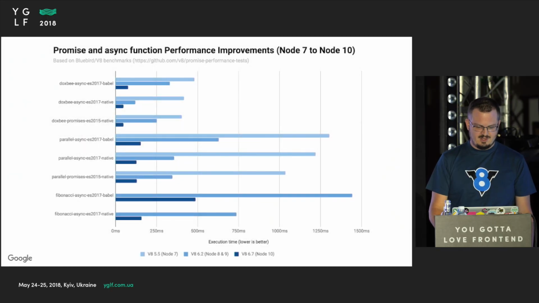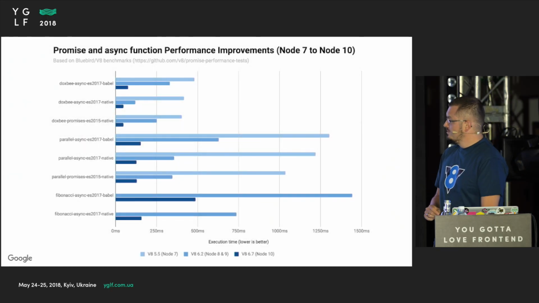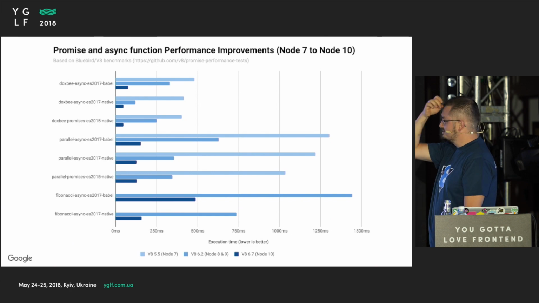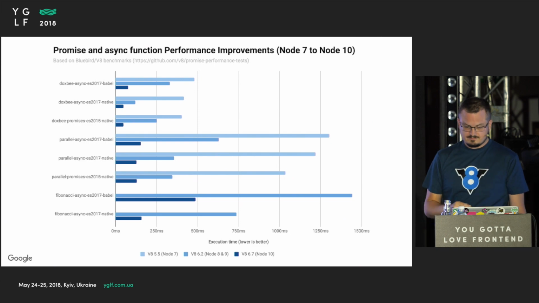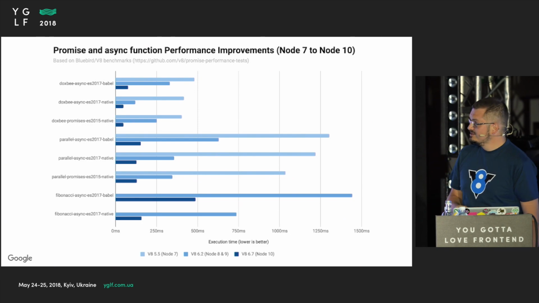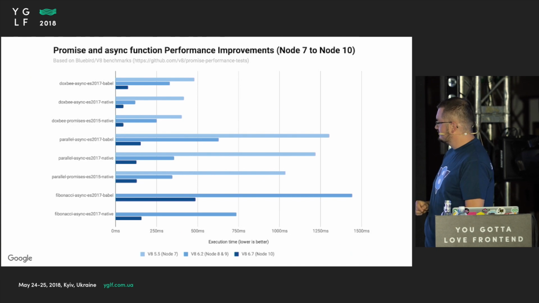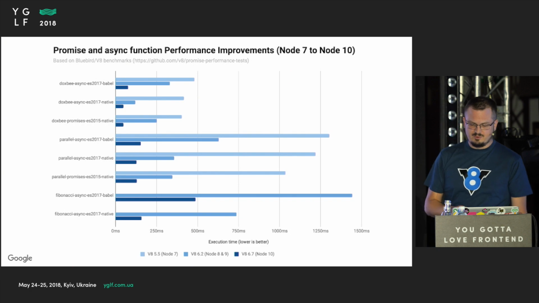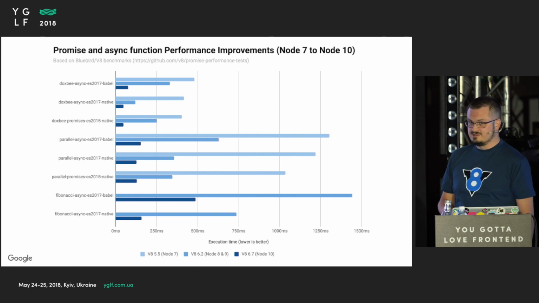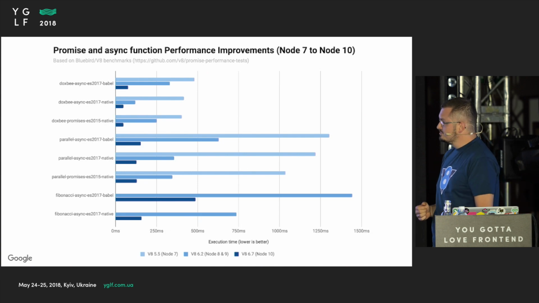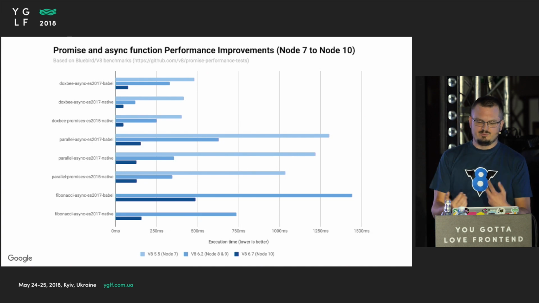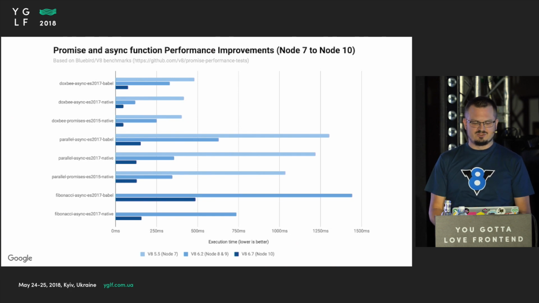This is what we got from V8 5.5, which was the version in Node 7, the light blue line, to what we have in V8 6.7, which is now in Node 10, the dark blue. You can see that there are almost 10x improvements on these promise benchmarks and async await benchmarks. So we do our best to not only provide you with the features, but also make sure that it has decent performance and that you can rely on it.